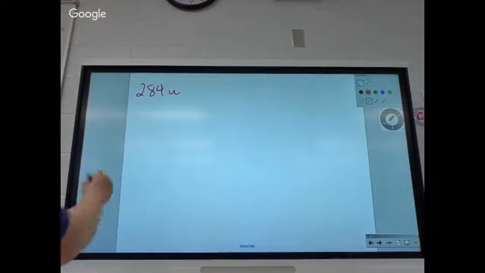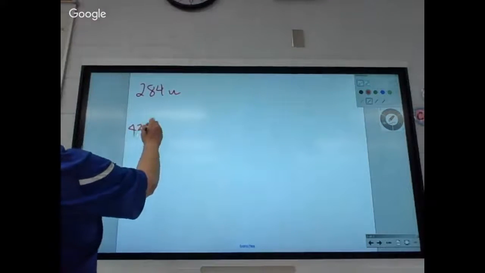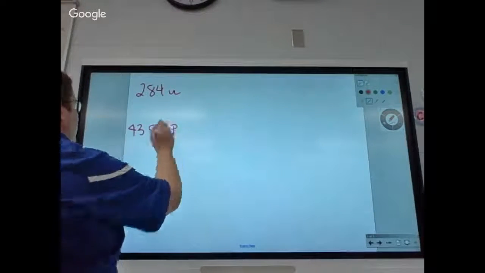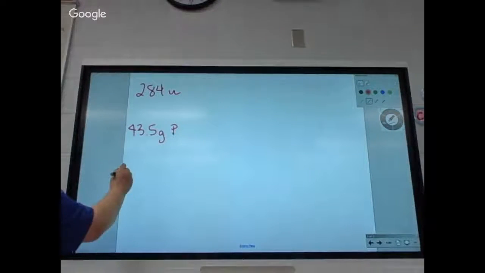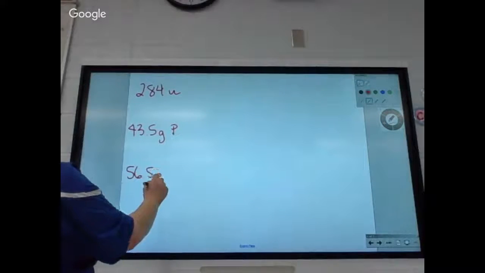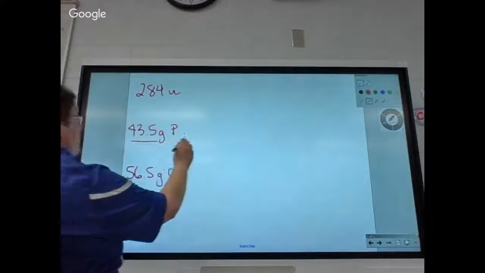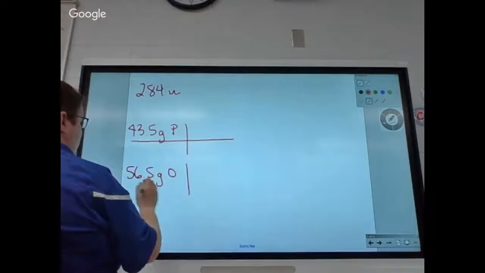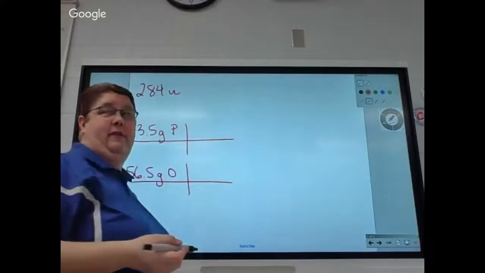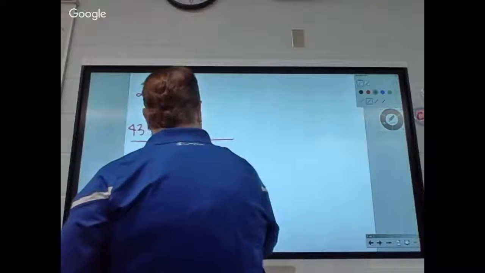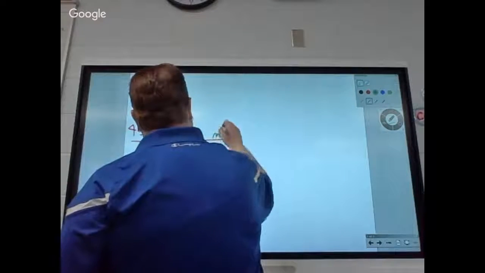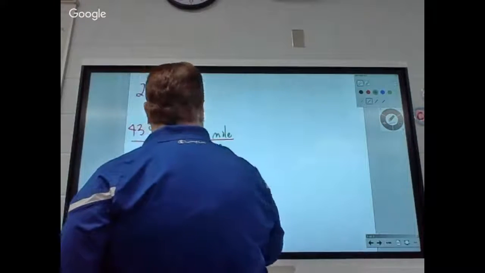So we have to start with our 43.5 grams of P and our 56.5 grams of O. So we've got to take these two numbers and change them into an empirical formula first because they didn't give it to us, right? So moles on the top. I think I said on the bottom.